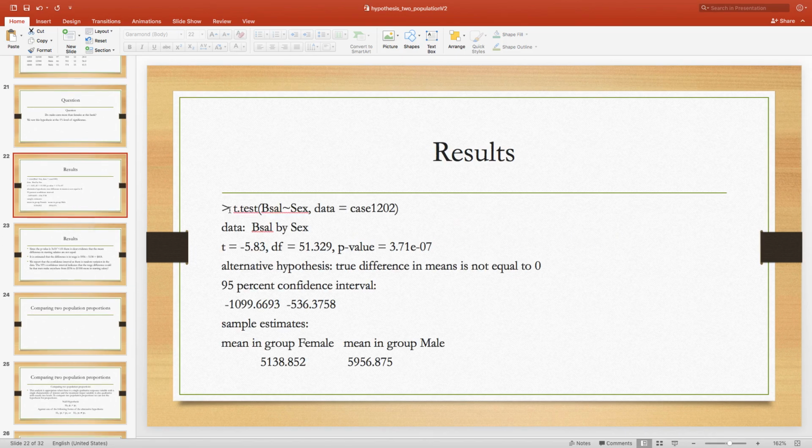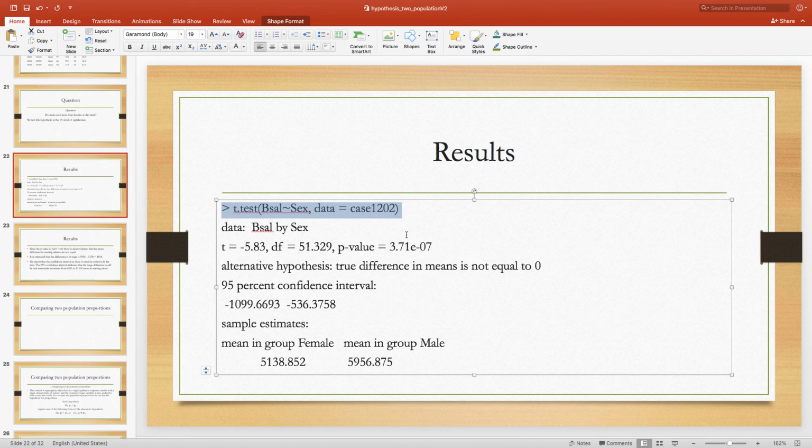This was the command to test if it was equal, and it performs the hypothesis test. It tells me the t statistic, its degrees of freedom, and its p-value. One thing you should notice is that the degrees of freedom uses a slightly different method. You can ignore that.